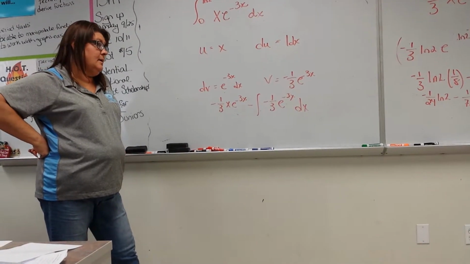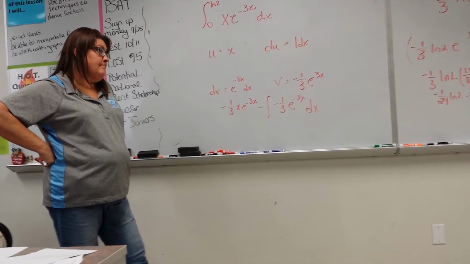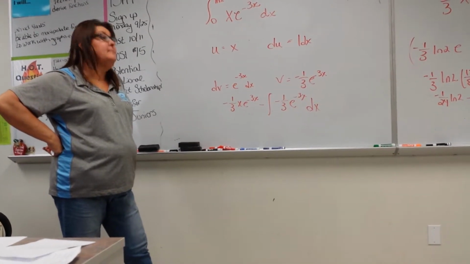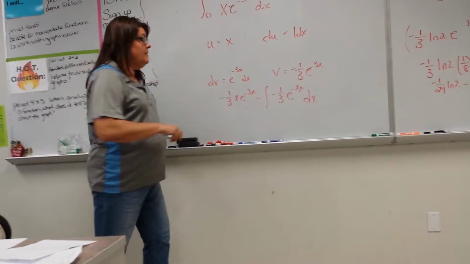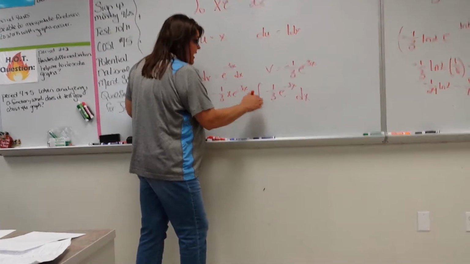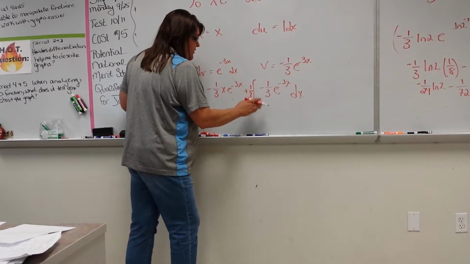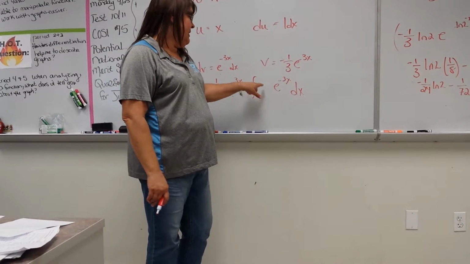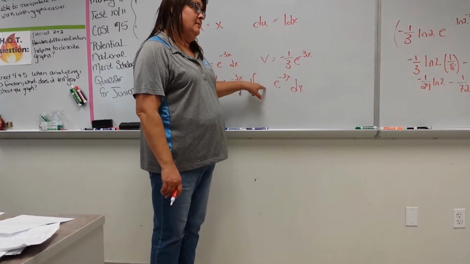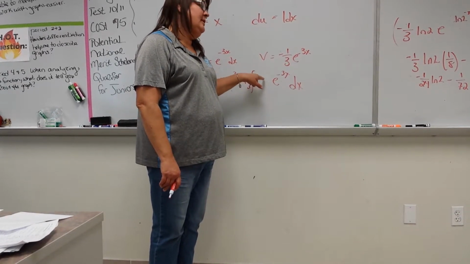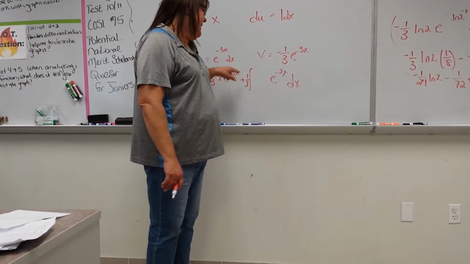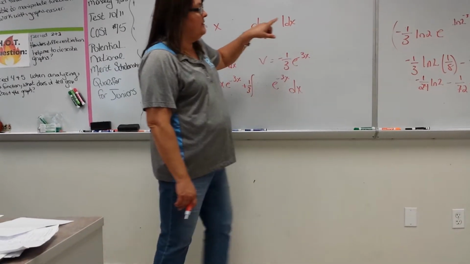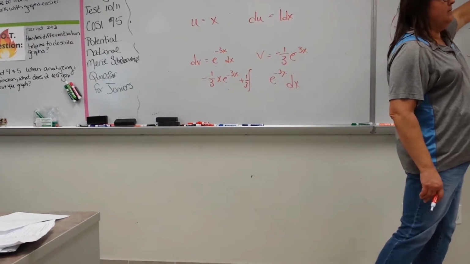And if it wasn't so clean, if it was a bigger number, you would put it in front of the dx, right? Like this guy right here, -1/3, I'm gonna pull out and make it positive 1/3 here. And then I'm gonna go, uh-oh, I need to take an integral, and right here I need a -3. So if I insert yet another -3, I have to pull out a -1/3. And that's where that -1/9 comes from.